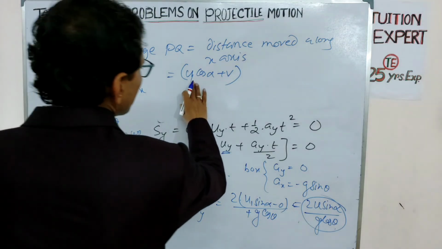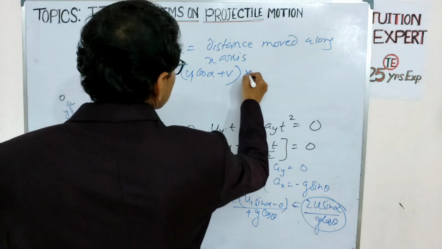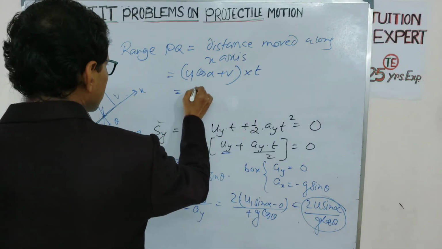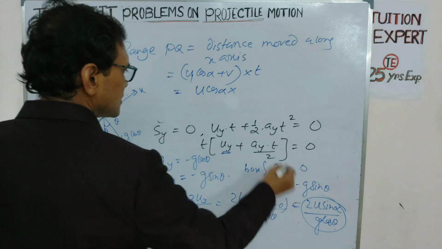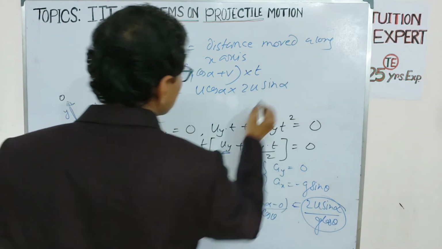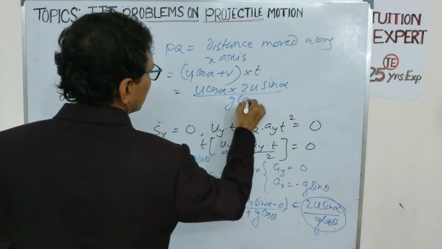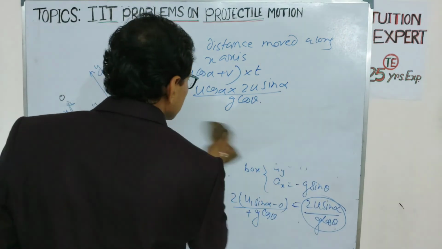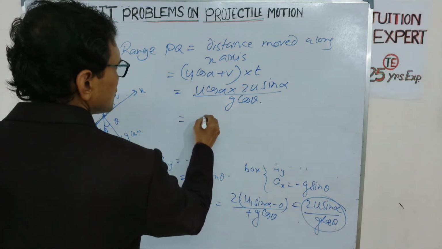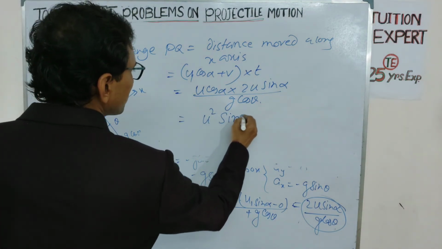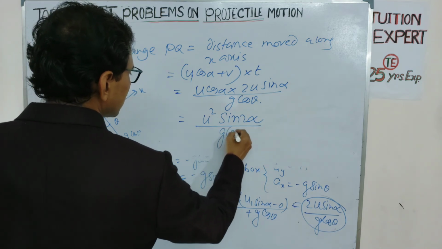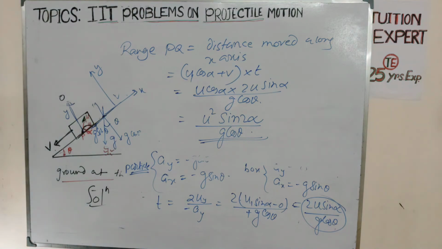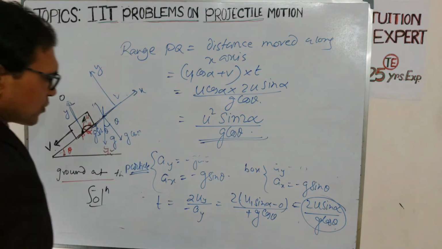We have to consider the velocity with respect to box into the time taken. So this equals u cos alpha into this time. So the answer will be u square 2 sin alpha cos alpha, which is sin 2 alpha, by g cos theta. This is one answer. Now, next question for B: if the horizontal component becomes 0.